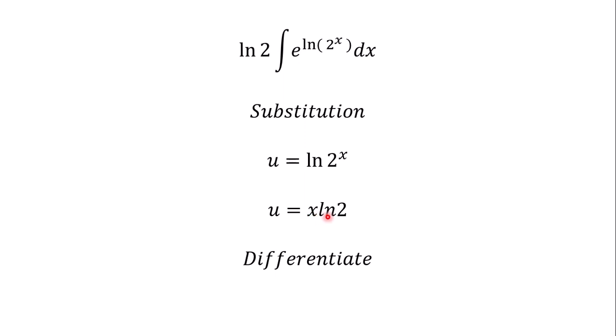And then we add it to the next one: we maintain ln2 and then we differentiate x. When we differentiate x, we get 1, and 1 multiplied by ln2 will give us ln2. So 0 plus ln2 will give us ln2 dx. So du is equal to ln2 dx.